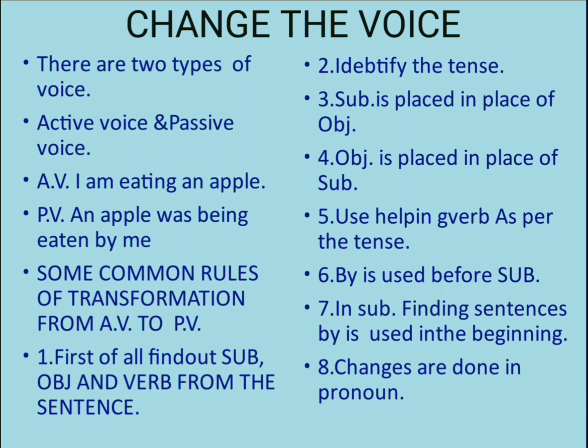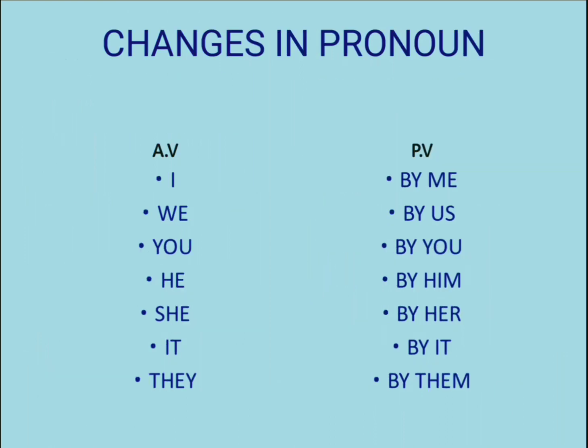Now rule number 8, changes are done in pronoun. In many active sentences we can find the use of pronoun. So how to change these pronouns? The table is given to you.